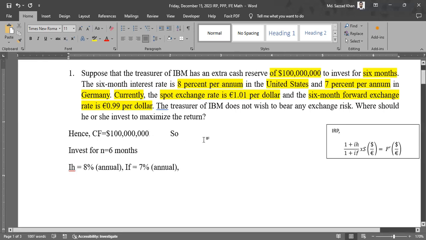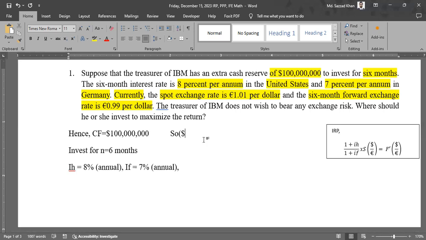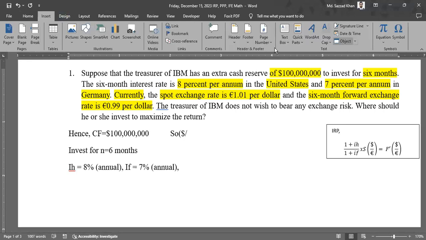Spot rate is equal to, oh, it is in euro by dollar. See, it's in euro by dollar.